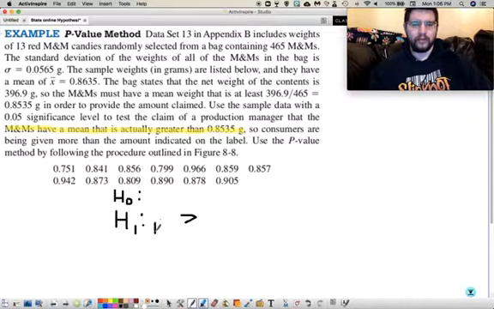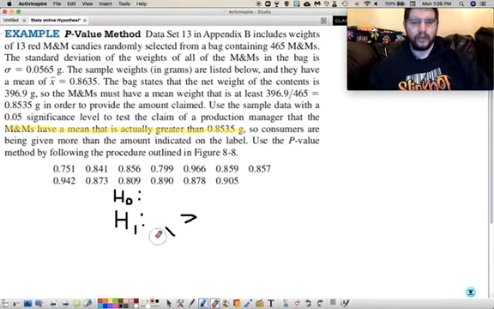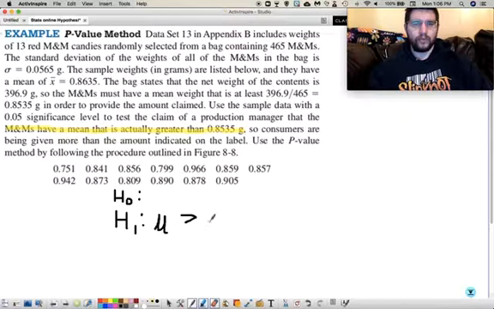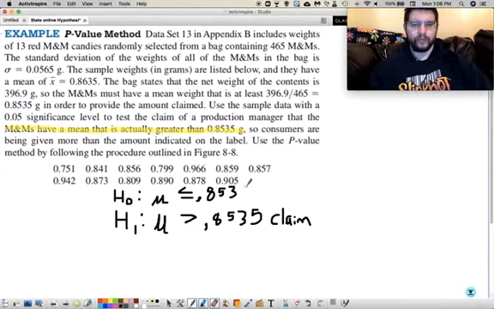We're not dealing with P, that's proportion. Instead, we're dealing with the mean. And if you remember, mu is our population mean. So mu greater than 0.8535 is the alternative, that's also the claim. That means mu less than or equal to 0.8535 is the null.